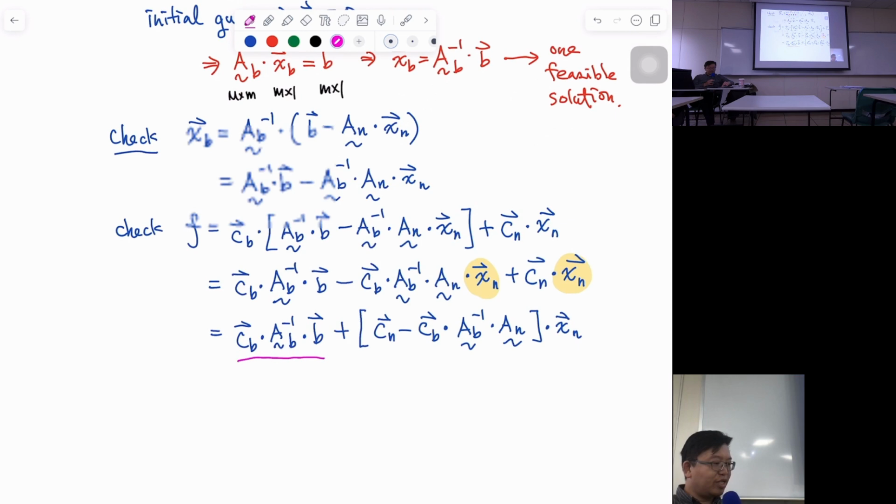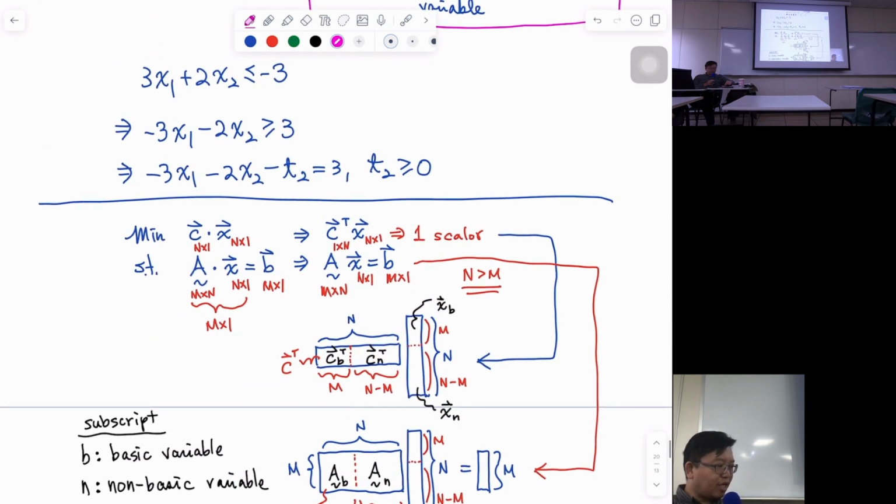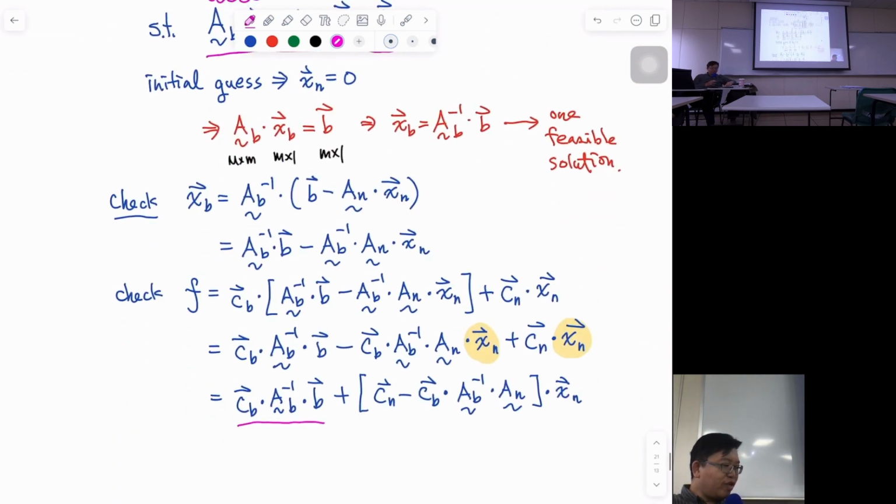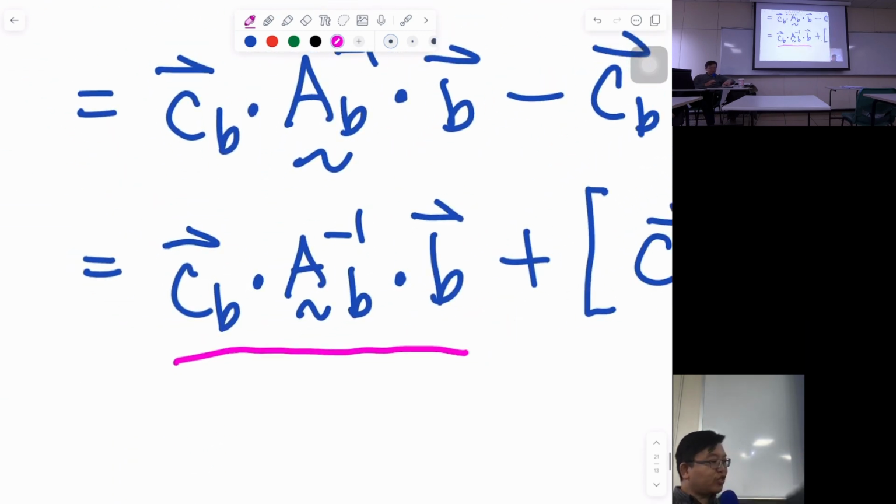How about the small b? Small b is the right hand side of the constraint, so also a bunch of numbers. Right here you realize this term, CB dot AB inverse dot small b, equals some value. It's just a constant value.